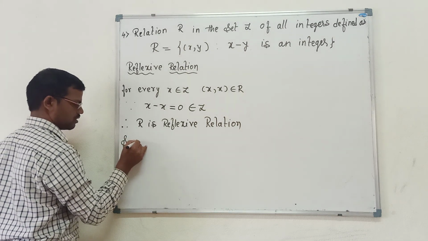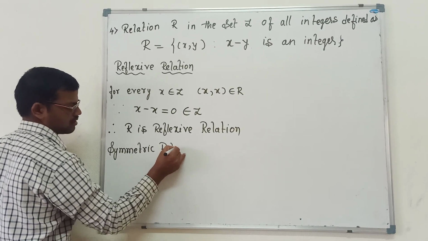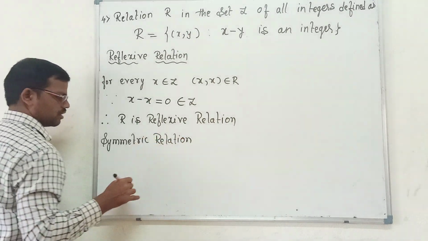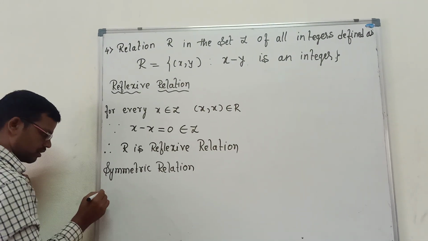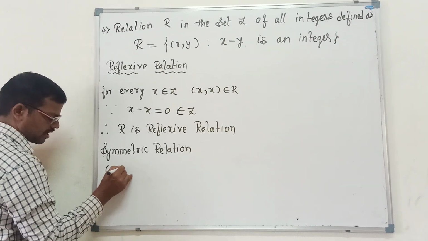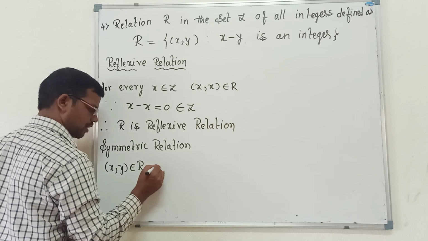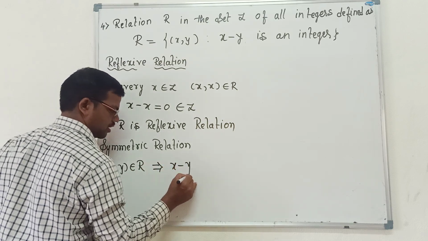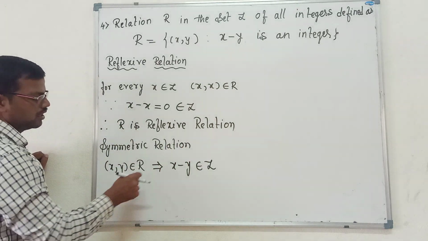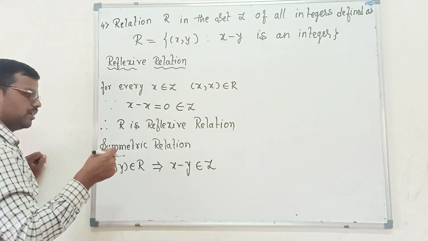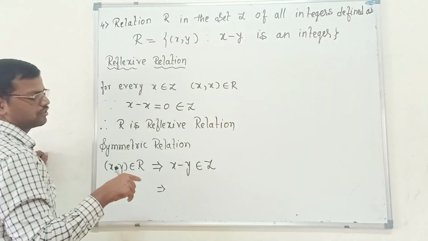For the symmetric relation, we need one pair that should be there in R. So let me consider the pair (x, y) belongs to R. If (x, y) belongs to R, it implies x minus y belongs to Z. The difference of the two numbers is an integer, so it belongs to Z. In the integers we know that positive numbers are there, and negative too.